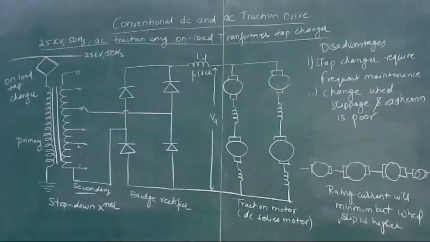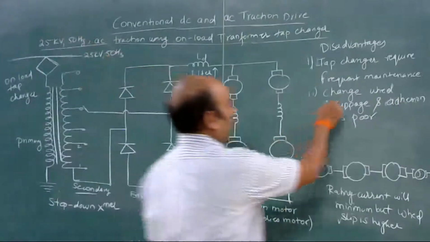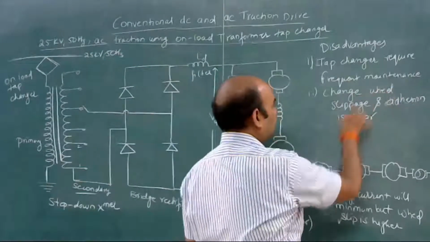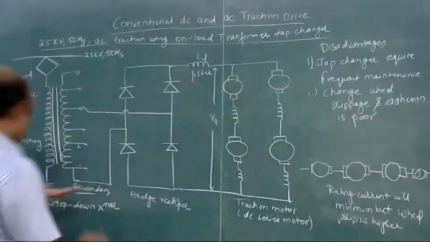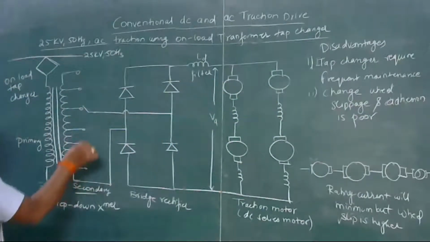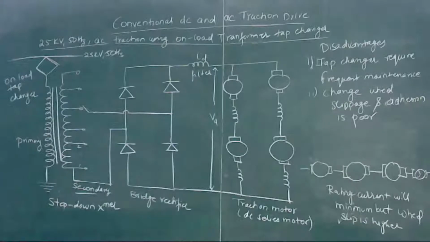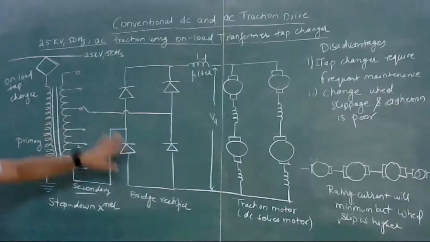There is a jerky way of control, and control is not very smooth. So adhesion is poor, and there will be a chance of wheel slippage when we change from one tap to another tap. So these are the disadvantages of this on-load tap changer traction drive.